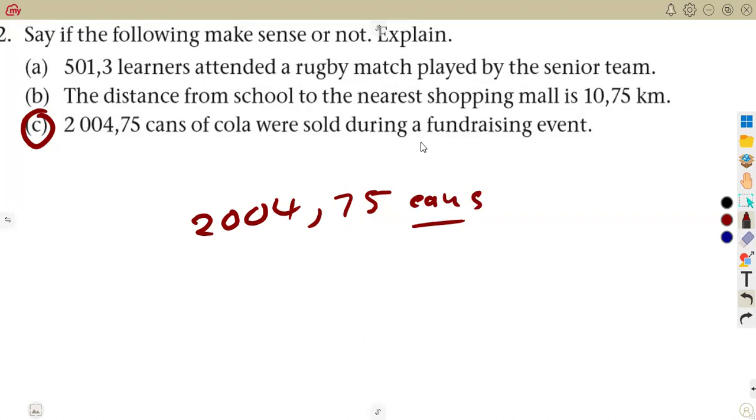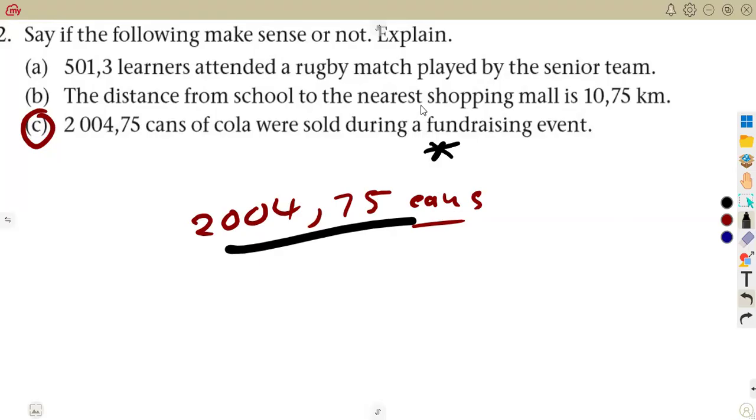The number of cans of cola. They are being counted, isn't it? You count them 1, 2, 3, 4, 5. So when counting, do we expect a decimal? No. It's impossible. So this does not make sense at all.